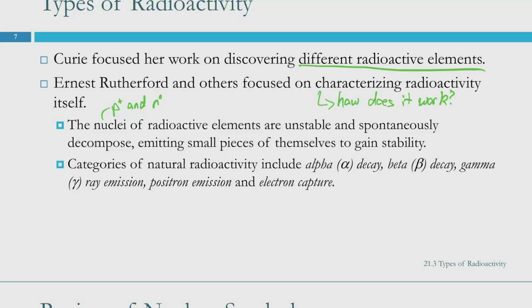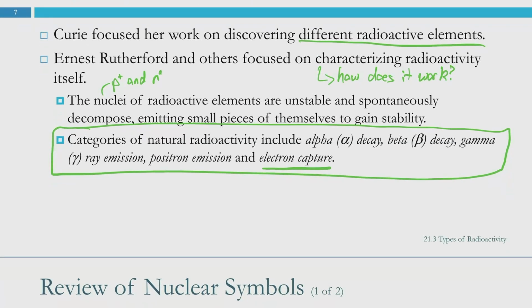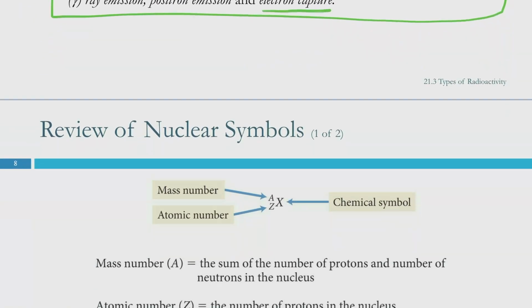There are a couple of types of radioactivity listed here. These are mostly, or should mostly be reviewed, except for electron capture. That one's new to us, probably. And we'll quickly go through some of this.